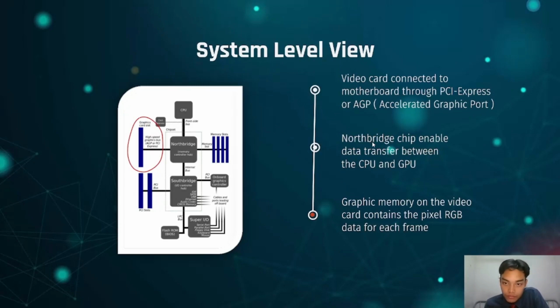The second point: the North Bridge chip enables data transfer between the CPU and GPU. Here is the North Bridge, the CPU here, and the GPU here, so they are connected via the North Bridge. And the last one, graphics memory on the video card contains the pixel RGB data for each frame.